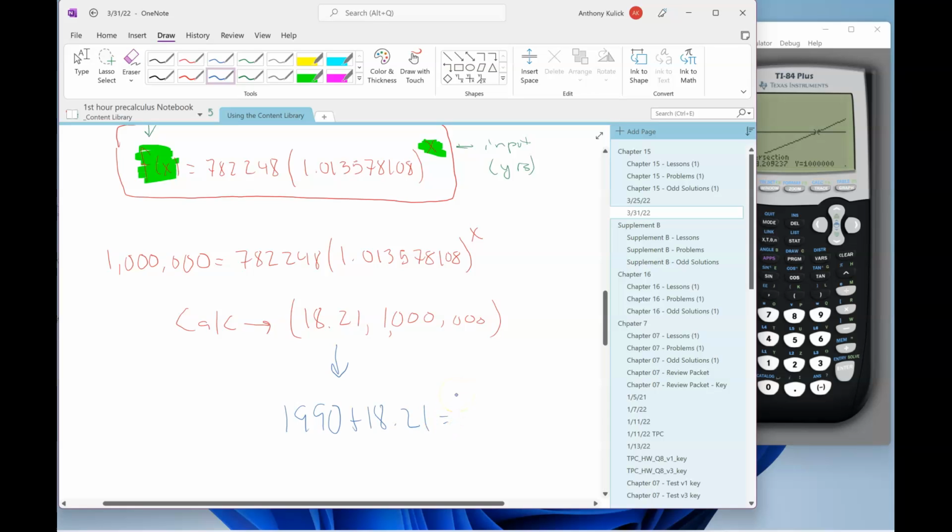So what year would the population be at least 1 million? 2008. Nope. It would be in 2008, the population would still be less than 1 million, right? Because it doesn't get to over 1 million until after 2008, right?